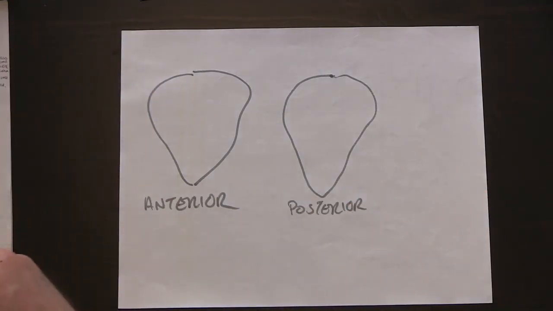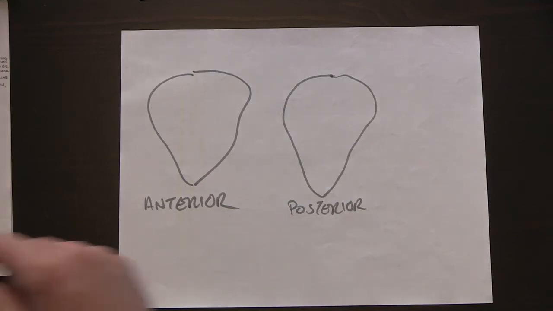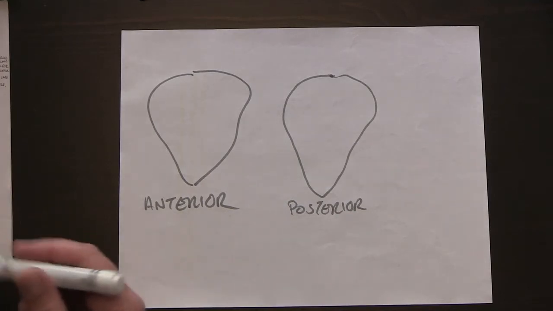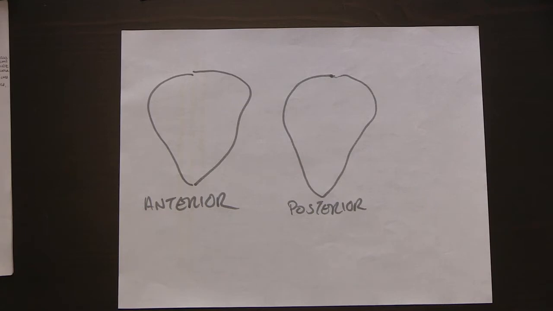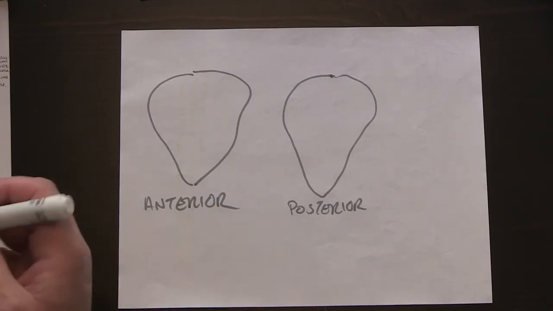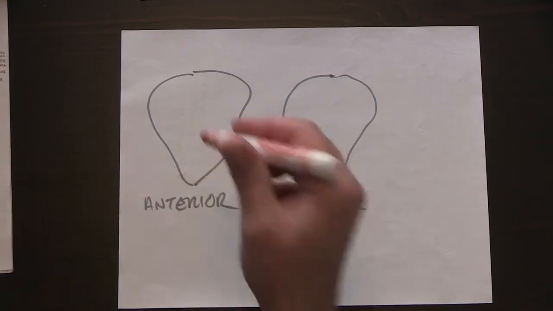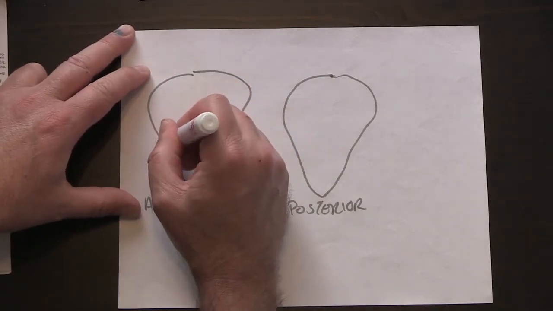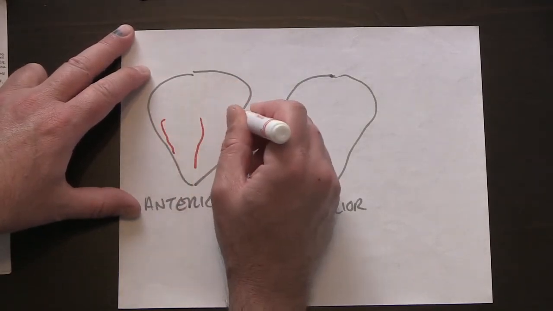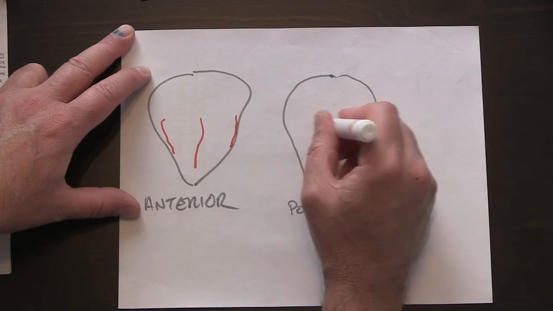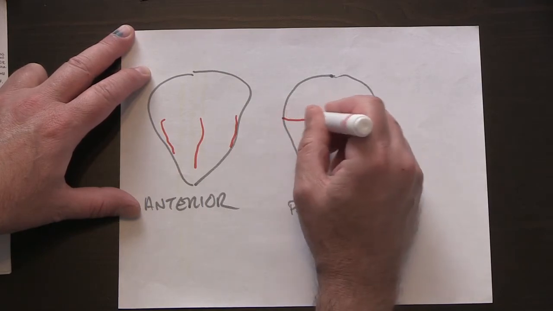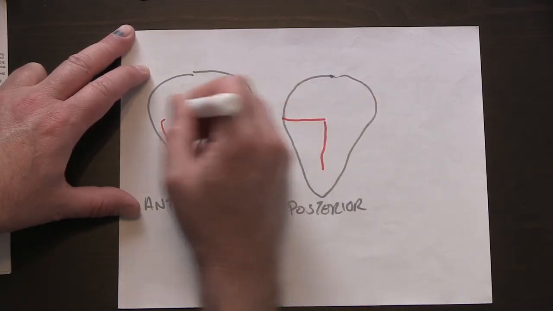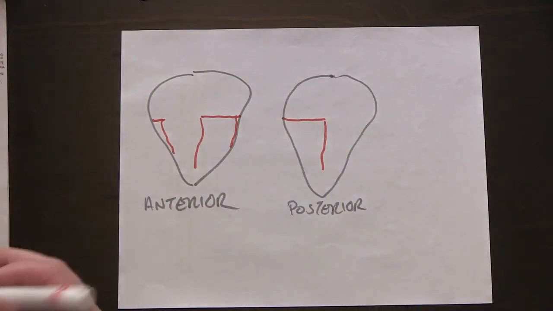The heart itself, of course, is a muscle, and muscles need oxygen. So there are arteries, coronary arteries, that deliver blood to the heart itself.